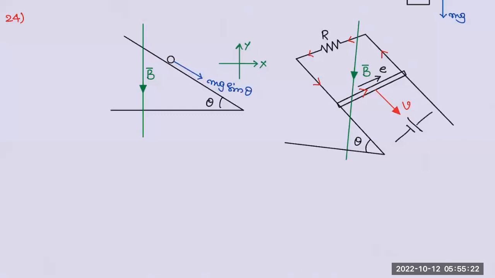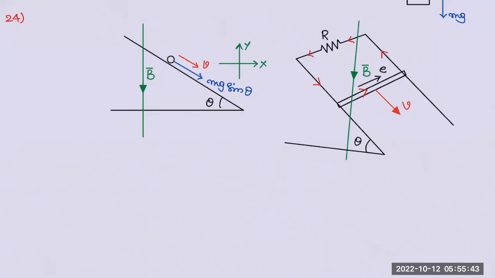This is the battery, right? Or you can use Fleming's right hand rule. But the problem is velocity V and B are not perpendicular, so you can't use that directly, but you can take the component of velocity like this and deal with it, or the component of the magnetic field also.